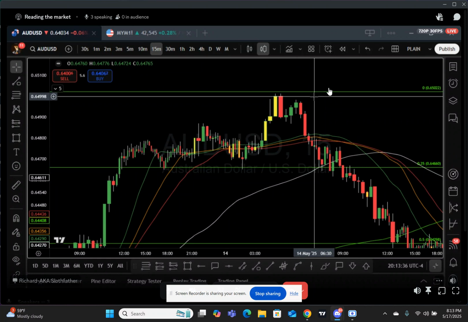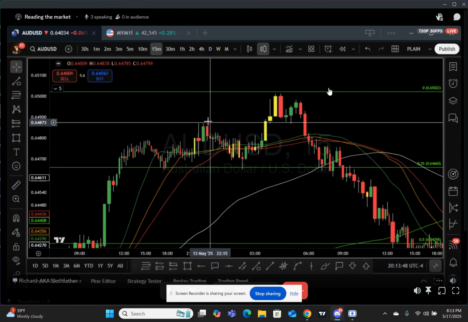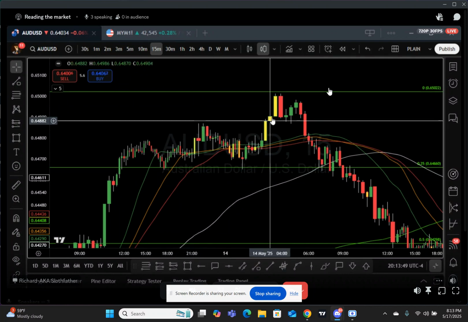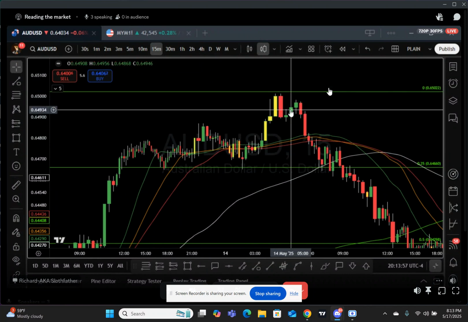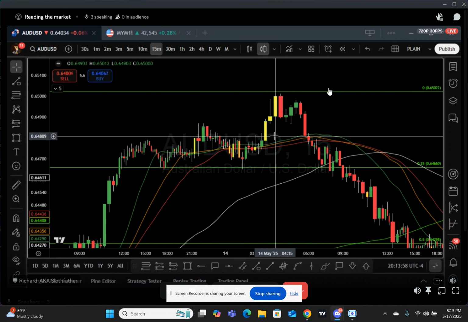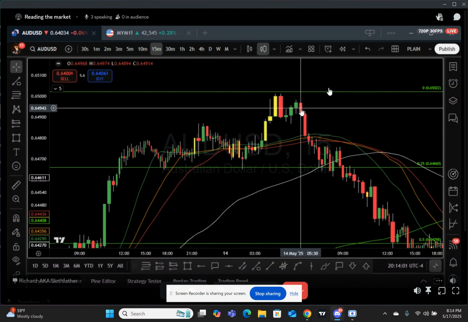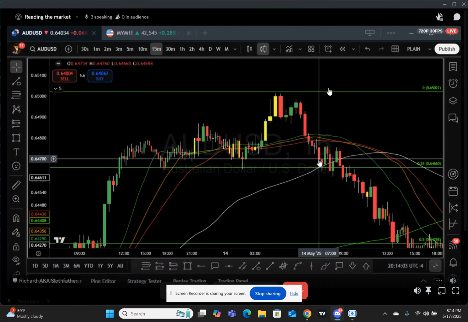When you're not near the SMAs, you can't get a signal off of the SMAs, but you get something like that where you just swept the highs on liquidity and it pushes up really fast, but then rejects, and you get a small pullback and you start heading back in the way of the rejection, you can take those lower highs and trade them.